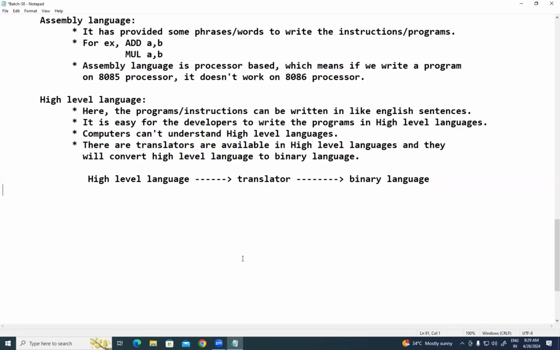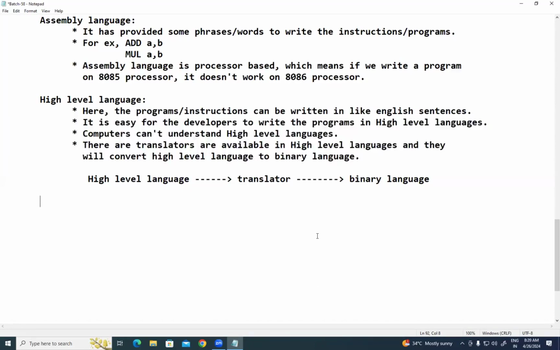Why are translators not designed for these languages? You got my question, everybody? Why do we write programs in Java, .NET, Python, etc.? Why not in Telugu, Tamil, Hindi?